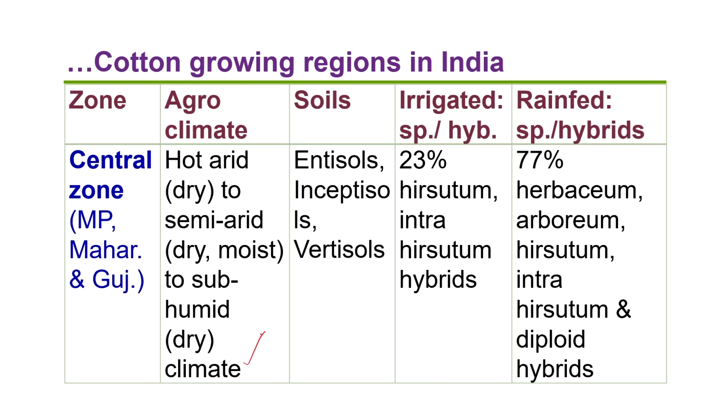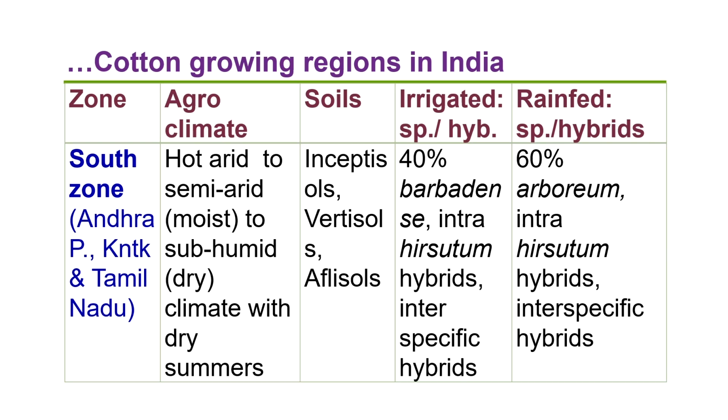And soils are entisols, inceptisols and vertisols. 23% of area is under hirsutum and intra-hirsutum hybrids, and 23% is irrigated, including hirsutum and intra-hirsutum hybrid. 77% area is rain-fed, and you get herbaceum, arboreum, hirsutum and intra-hirsutum and diploid hybrids. This is the characteristics of central zone.